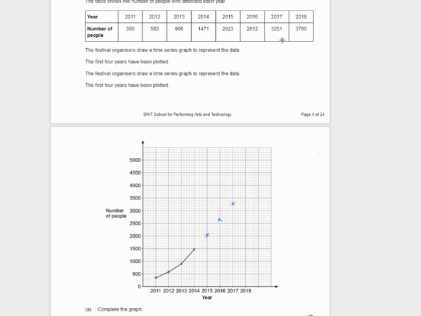Cool. And then next we've got 2018, which is 3,780. So we've got 3,500, 3,600, 3,700. It's kind of close to 3,800. So I'm going to put it kind of close to the third line, but not quite there.